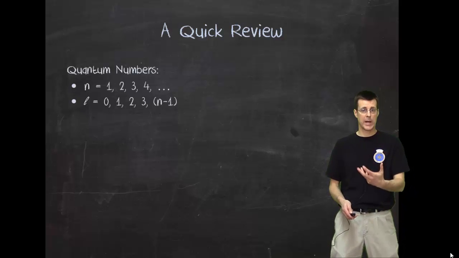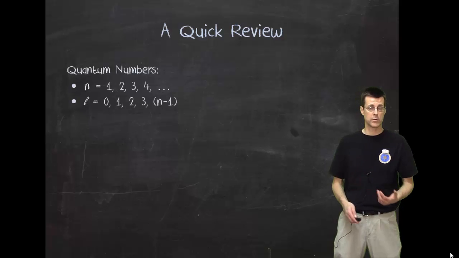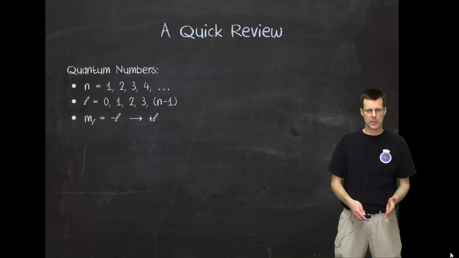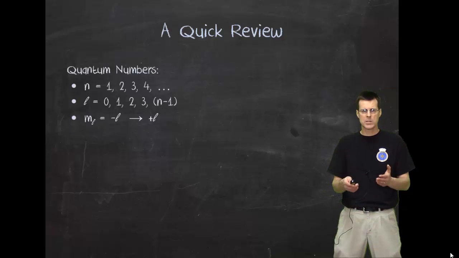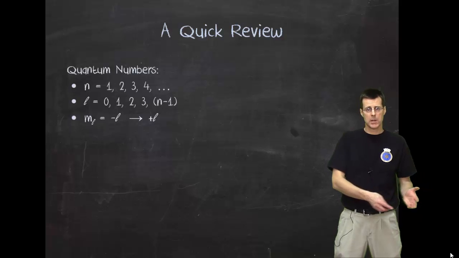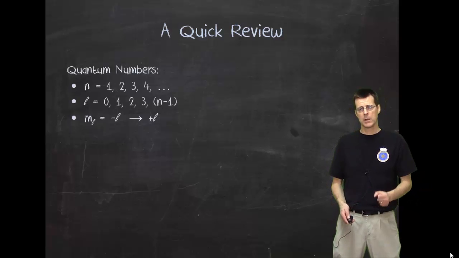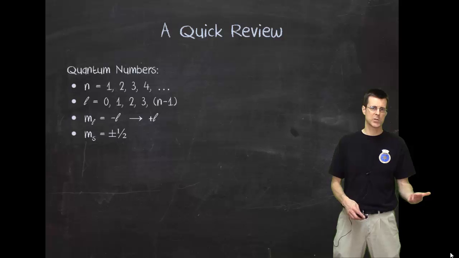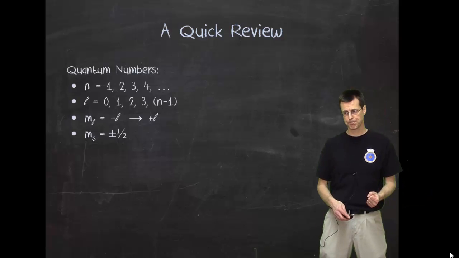It's not that every atom is going to use all those values. And then we have m sub L, and we call that our magnetic number. And m sub L runs from your negative value of L up to your positive value of L. And we'll see how that plays out in a couple of minutes, in a little bit more detail. And then we have the spin number, which is just plus 1/2 or minus 1/2.